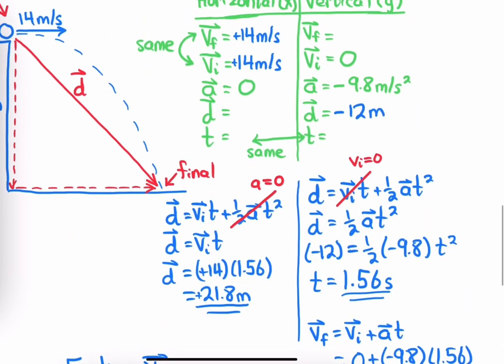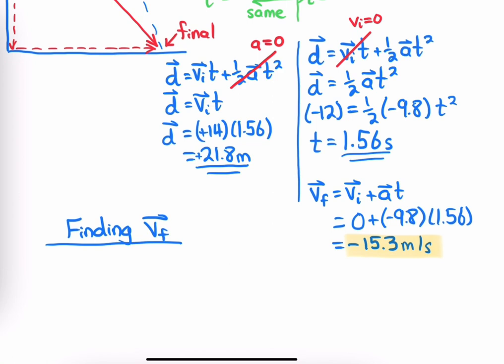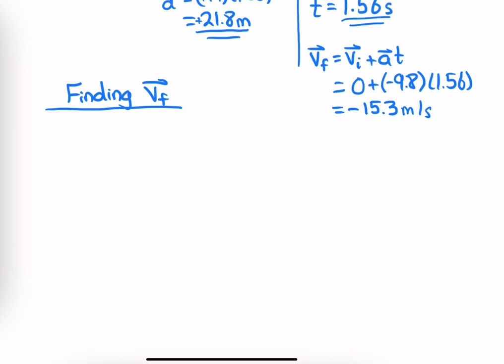So I have an x component that's positive 14 and a y component that's negative 15.3, and I'm going to combine those or add them together. So an x component that's positive 14, so it's going to the right, and a y component that's negative 15.3.